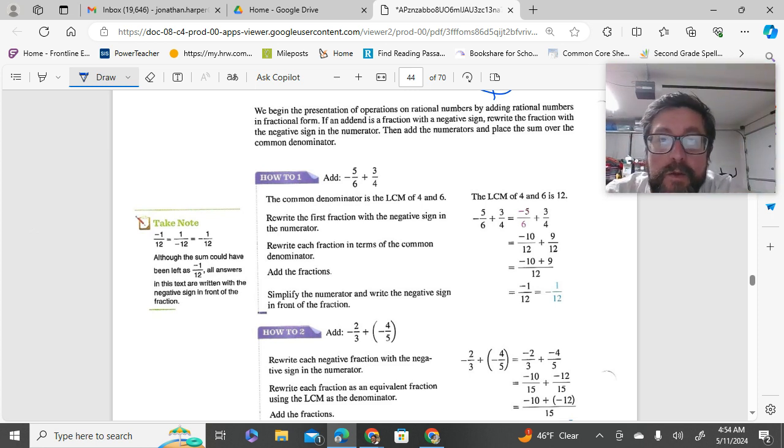Okay, so we begin the presentation of operations on rational numbers by adding rational numbers in fraction form.